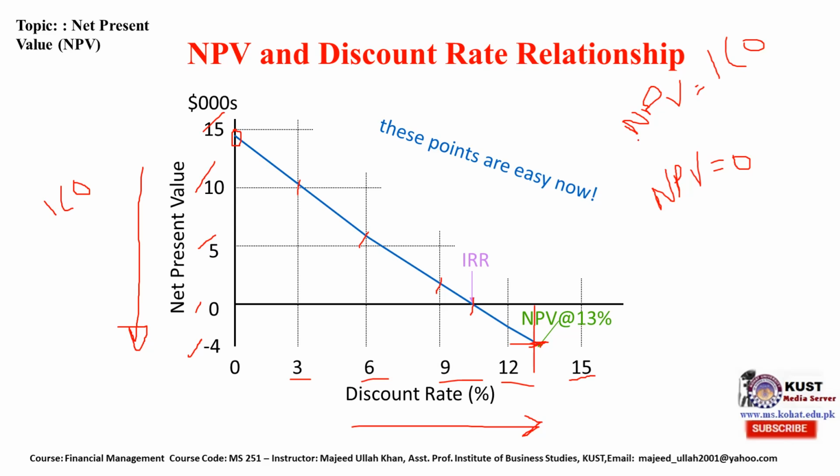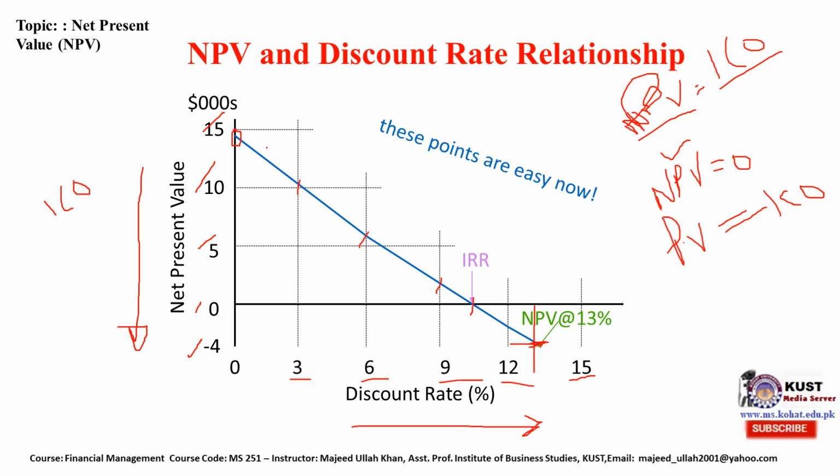Secondly, the rate at which the present value of all cash flow is equal to the initial cash outlay is also called IRR. So this is our NPV at 13%.